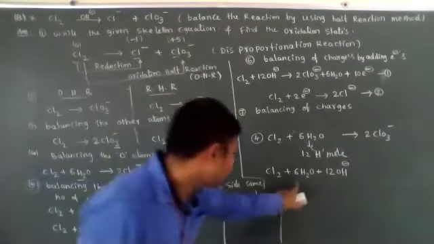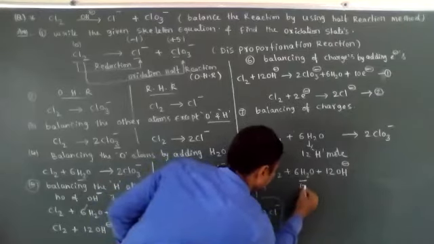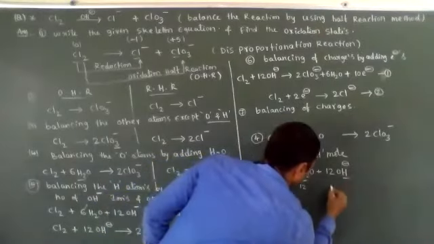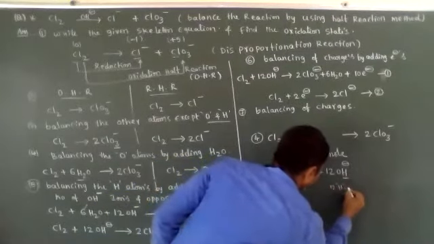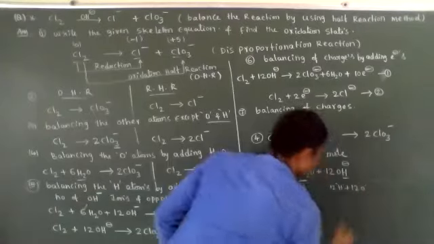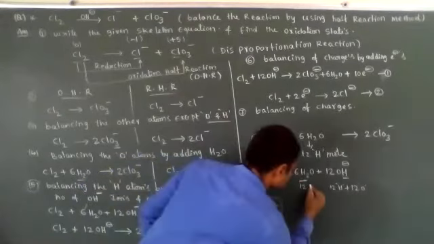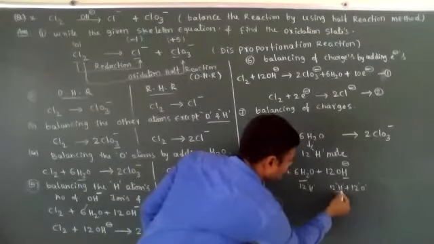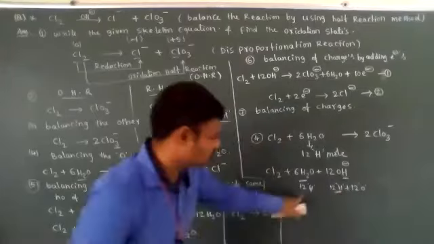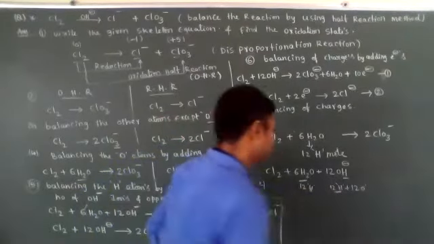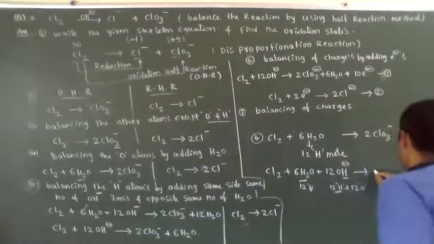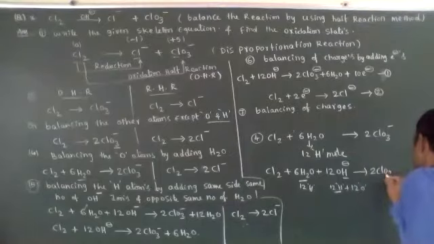Now 12 hydrogens plus 12 oxygens are extra here. So on this side, what do we need to do? 2 ClO3 minus plus 12 H2O.